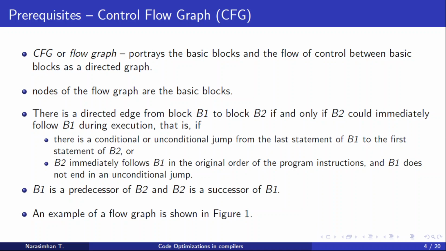In that case also we say B2 immediately follows B1. So in these two cases, we add an edge from block B1 to block B2. If you have an edge from B1 to B2, we say B1 is a predecessor of B2, or equivalently B2 is a successor of B1.